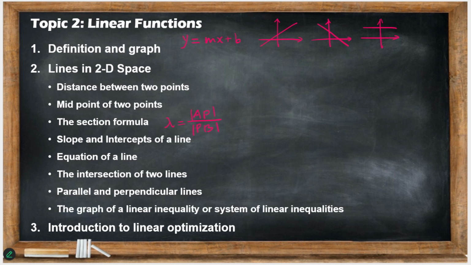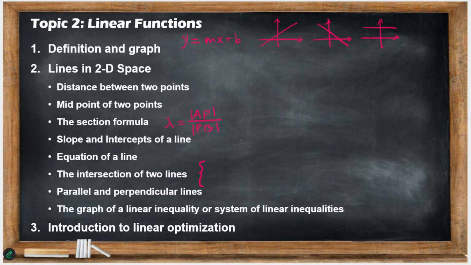Okay? And in order to find the intersection between two lines, simply combine the equations of the two lines. If you can find a unique solution, this means two lines intersect at a unique point. Otherwise, if you have an infinite number of solutions, this means these two lines are on top of each other.